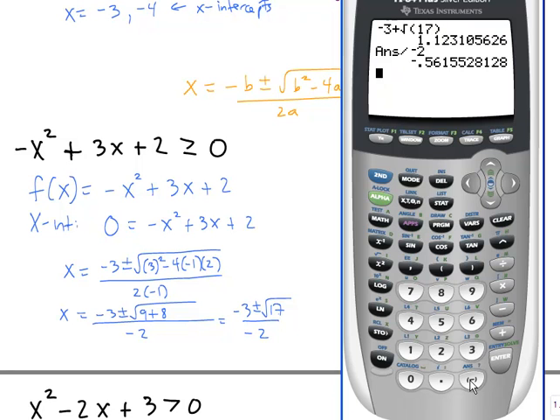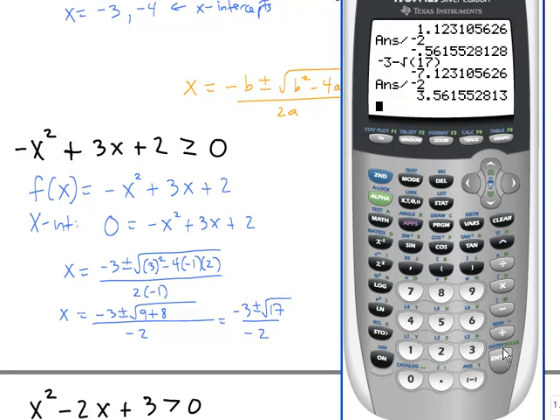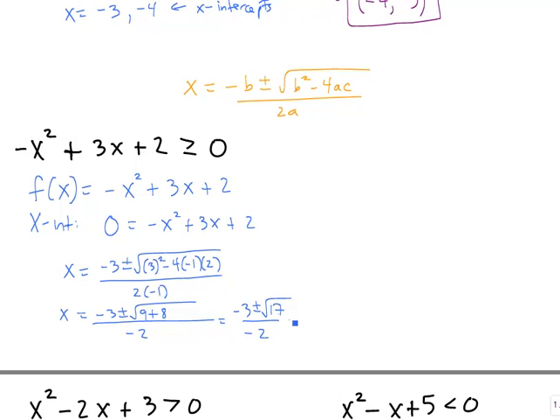For the minus case, we would want -3 subtract the square root of 17, and then get that answer and divide it by -2. So my two decimals are -0.56 and 3.56. So those are my two x-intercepts.